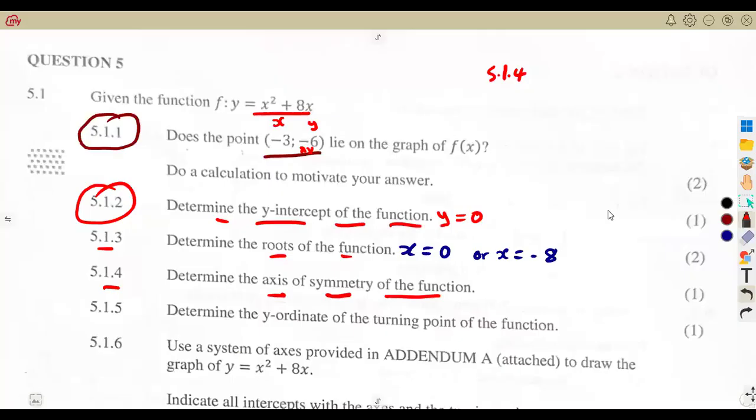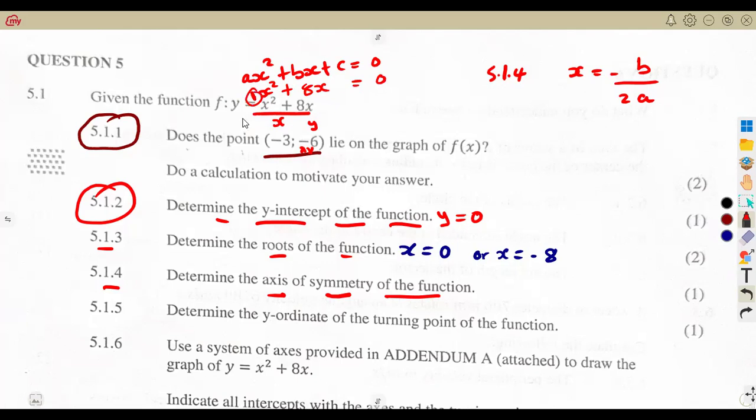X is equal to minus b over 2a. Remember from your quadratic equation, ax squared plus bx plus c is equal to 0. So this is x squared plus 8x is equal to 0. The coefficient of x squared is your a. The coefficient of x is your b. So x is equal to minus 8 over 2 times 1, which gives us -4, right?